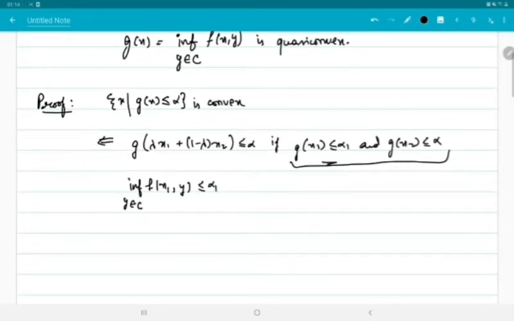Now there is a problem. If the infimum is equal to alpha 1, and since this is an open set, such a value may not exist.